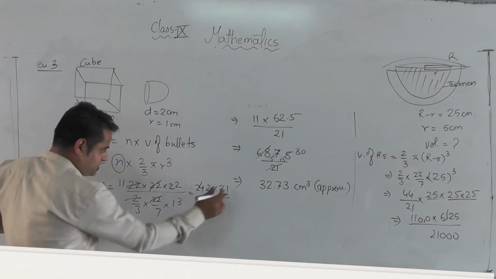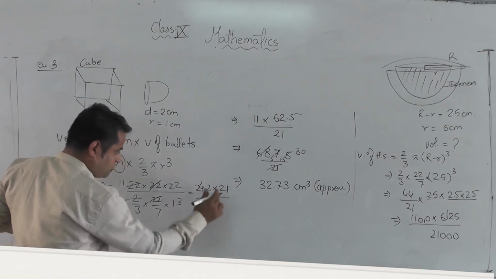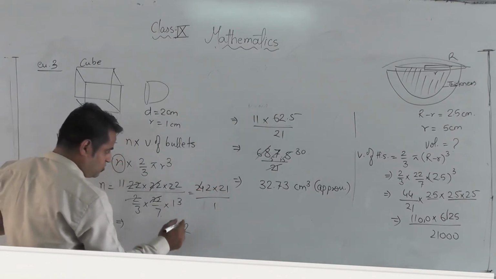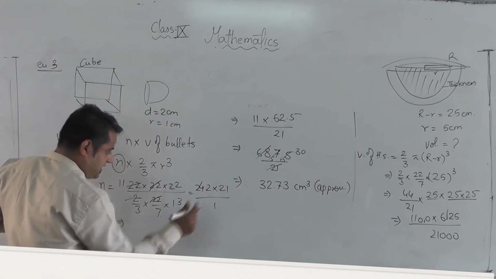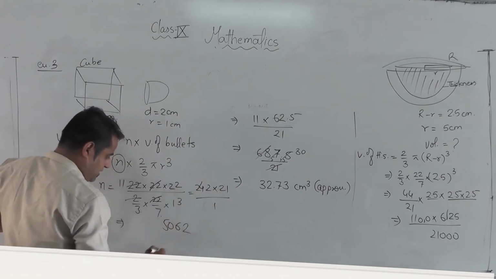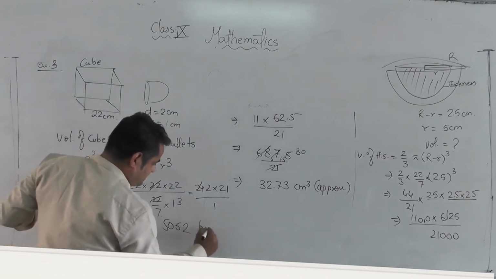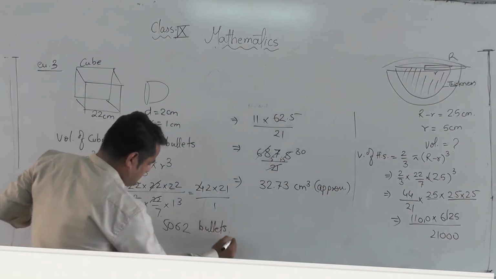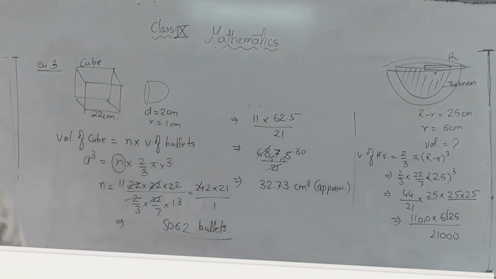Now multiply those numbers. 21 2s are 42, 21 2s are 42 again, and 8, 50. So 5082 bullets we can make from a single cube of side 22.